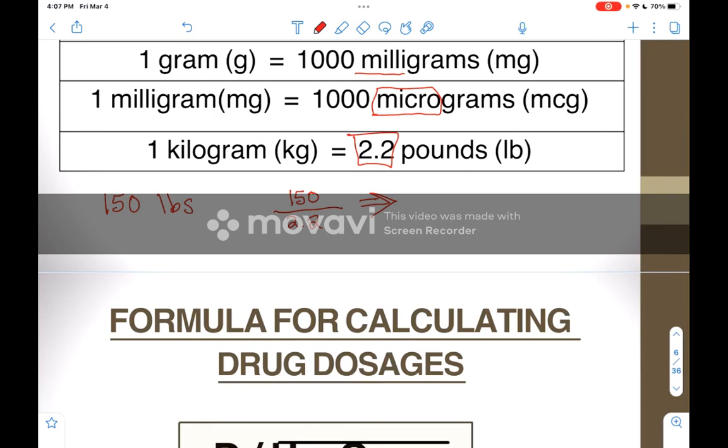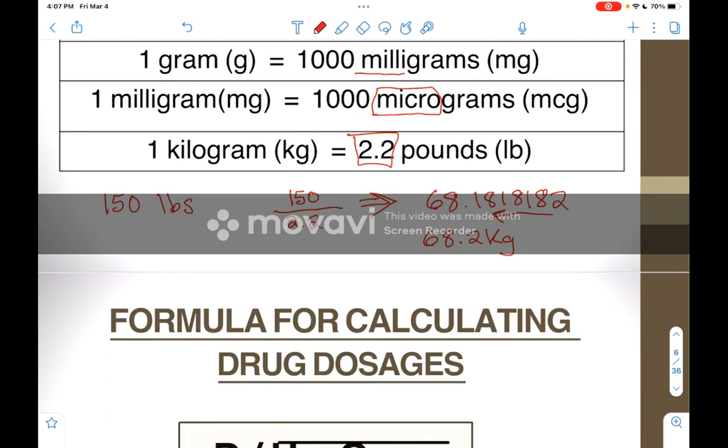Okay, and that is 68.18 and then 18182. So we're going to round that up to 68.2 kilograms, which is how much our patient weighs in kilograms.